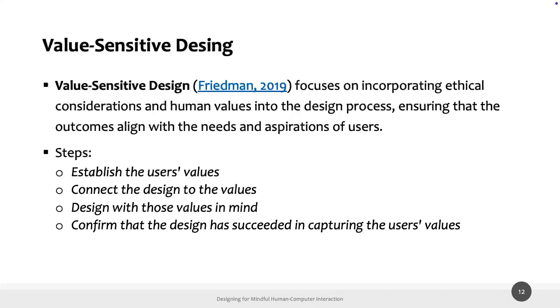The first step is establish the user values. The second one is connect the design to the values. Then you should design with those values in mind. And then you should try to confirm that the design has succeeded in capturing these values. So there is also a final evaluation to close this loop.